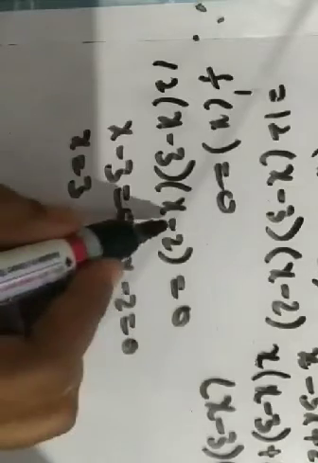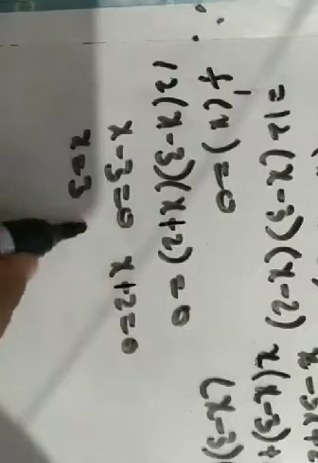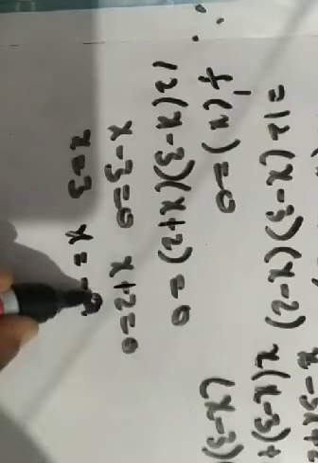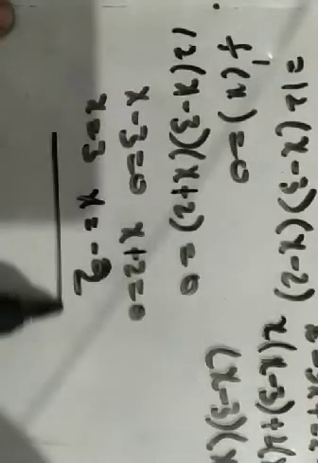Therefore x plus 2, isn't it? So that it becomes x is equal to minus 2. So minus 2 lies between what?